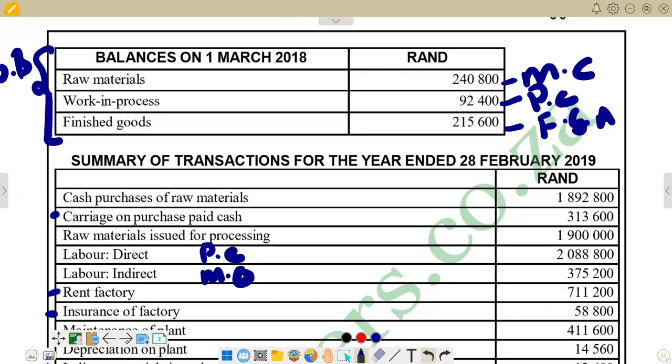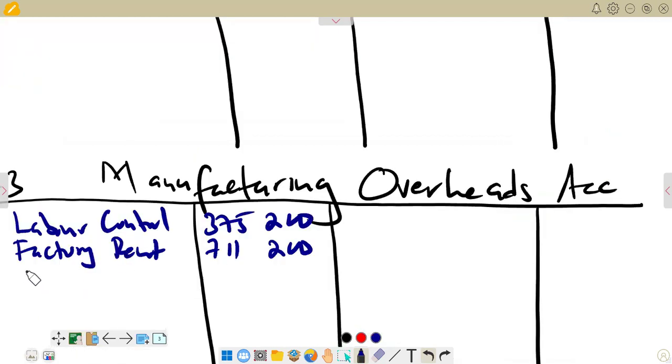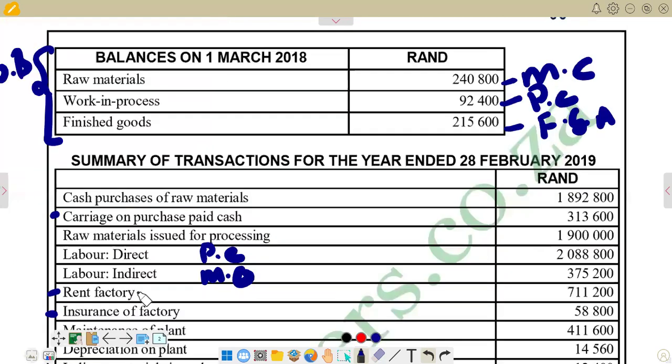So we are saying this is factory insurance, and the amount that we have there is 58,800. So this is what we have, and then we can check the next item that we have there.